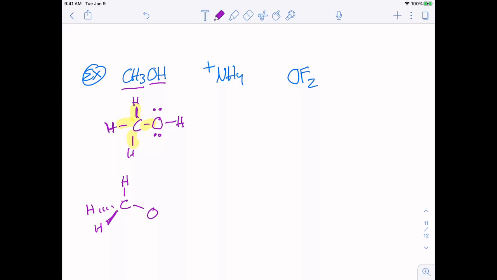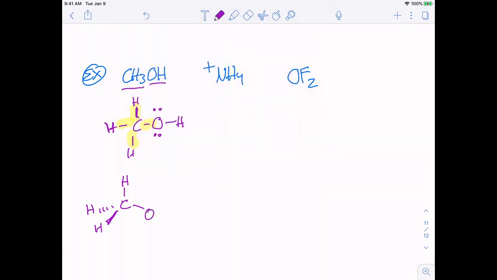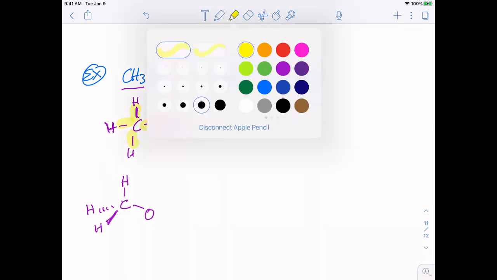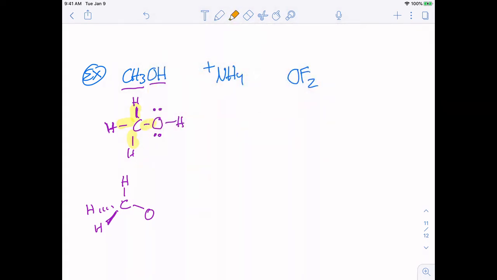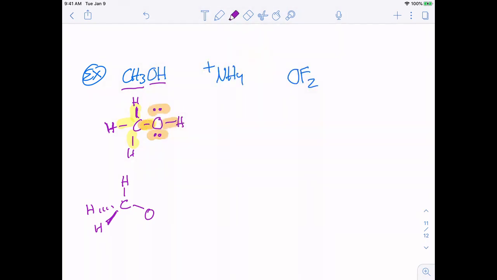If I look at my oxygen as my second central atom, it also has 4 electron groups, 1, 2, 3, 4. So tetrahedral electron domain geometry. But 2 of them are bonds, 2 are lone pairs, so this one's bent.